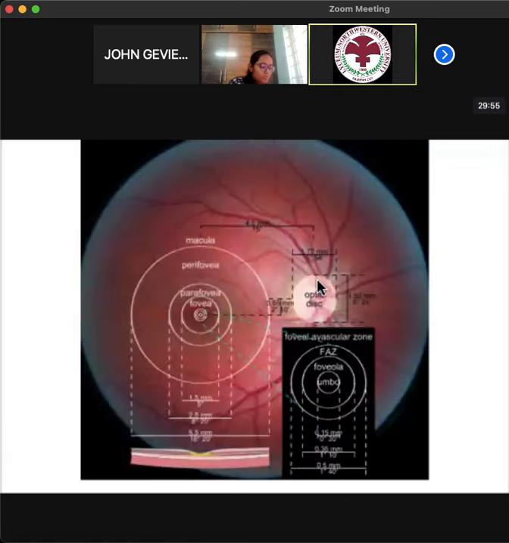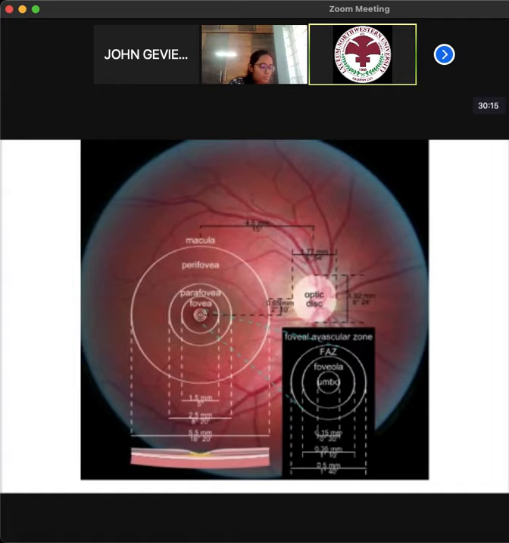And these are just measurements of the retina, no need to know them. So this is the fovea. After the fovea, the parafovea, around 0.5 millimeters after the fovea, and the perifovea, or the peripheral macula.